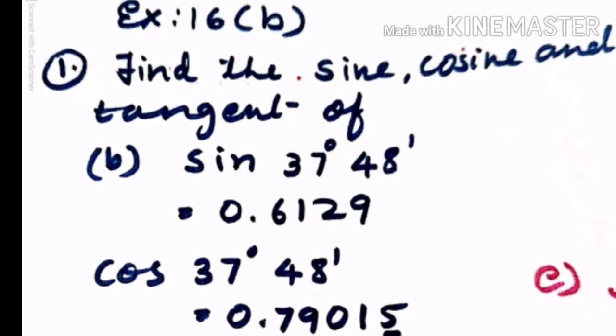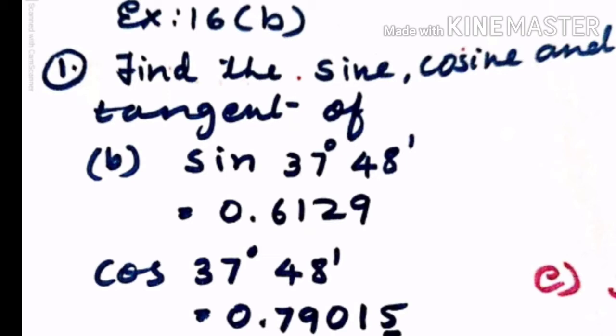0.6129. Now for the same angle, cos 37 degree 48 minute, you have to open your natural cosine table, in which you have to see your vertical column first, 37 degree. In that same horizontal line of 37 degree, you have to check the 48 minute value, that value is 0.79015.